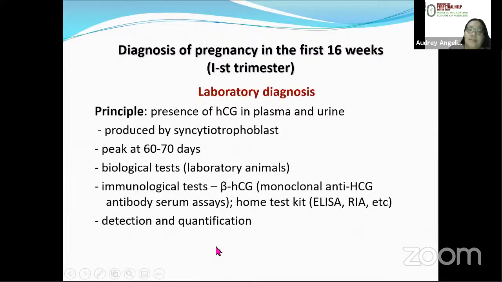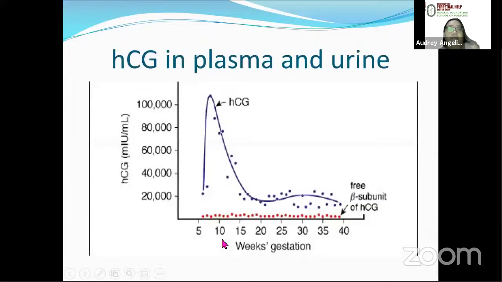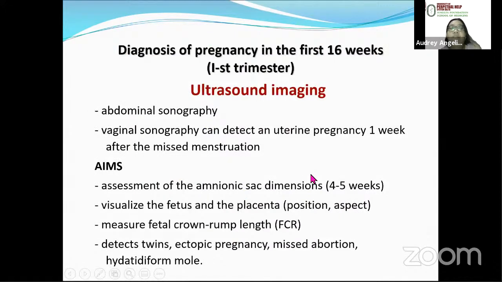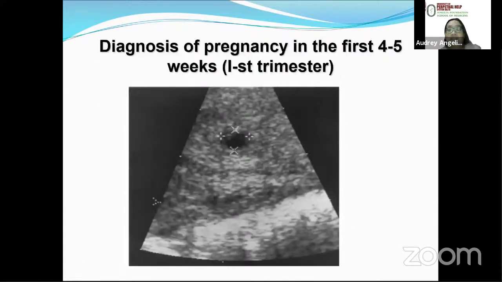So this is the presence of HCG and how it behaves. Okay? So in the first 5 to 15 weeks, your HCG would increase, then rapidly decrease, and so on. Okay? So for your ultrasound, what's important in the first trimester is your crown rump length.